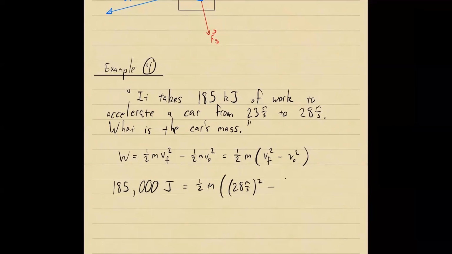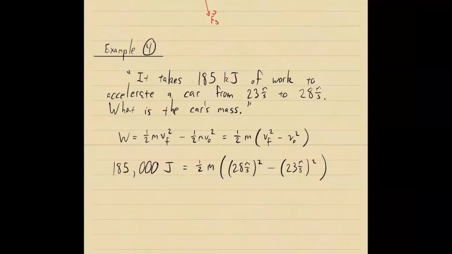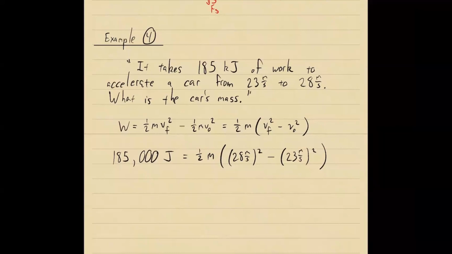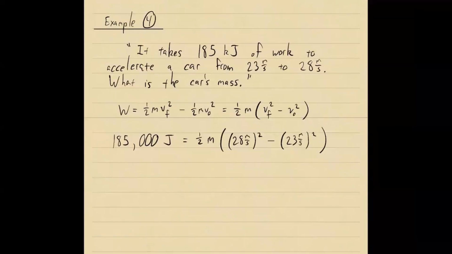We're going to subtract off from that the initial velocity of the car squared, which is 23 meters per second squared. And so when you solve this, if you multiply both sides by 2 to get rid of this 1/2, and then you divide both sides by this thing in parentheses, you get that the mass of the car is 145 kilograms. Which admittedly is a very light car.